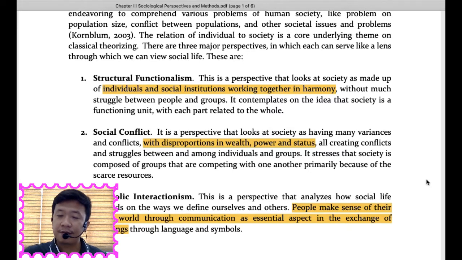Like the transfer of information about bagyo, about typhoon, will enable people to prepare. No? So lahat-lahat ng mga institusyon sa lipunan ay nag-work together. They are interdependent. And meaning to say, kapag pumalya yung isang institusyon ng lipunan, may epekto ito sa entire operation ng lipunan.